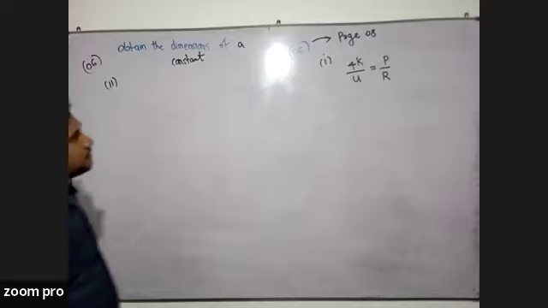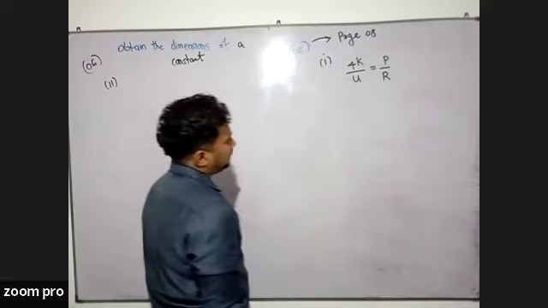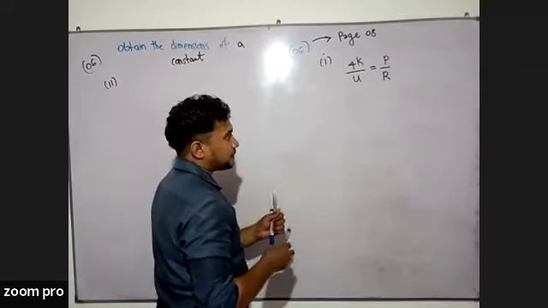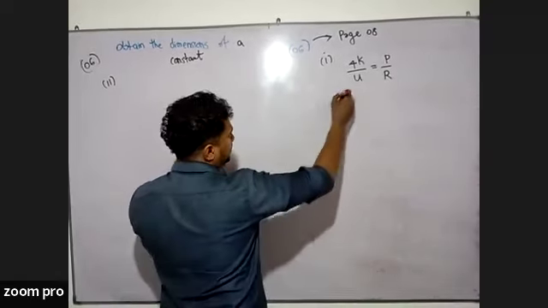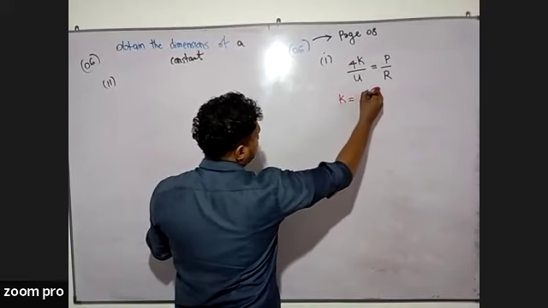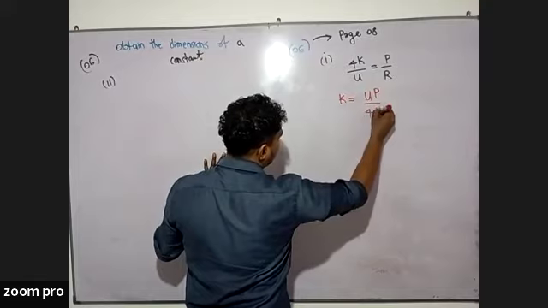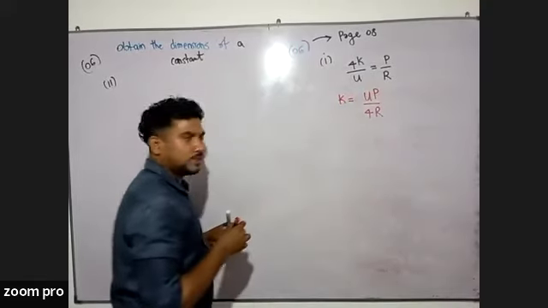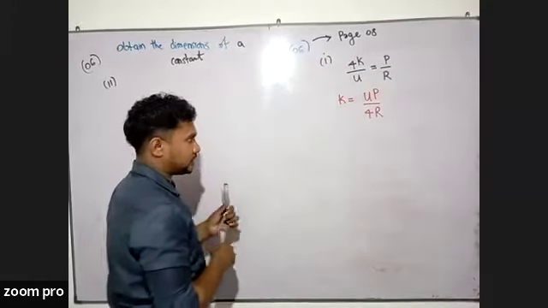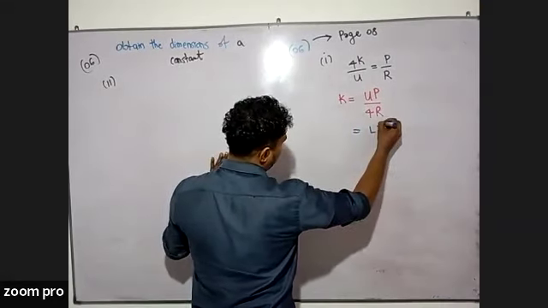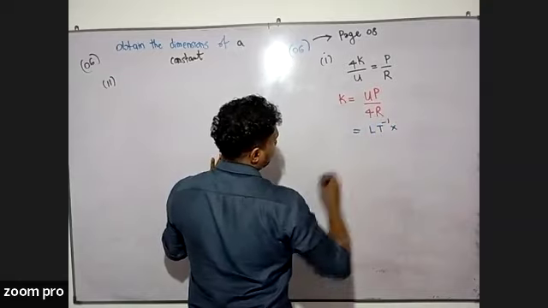Right. So let's find the dimensions of K. As I mentioned, the first step should be to make K the subject. Then it should be U P over 4 R. Just neglect the numerical values in obtaining the dimensions of K. U represents the velocity, that is LT minus 1.